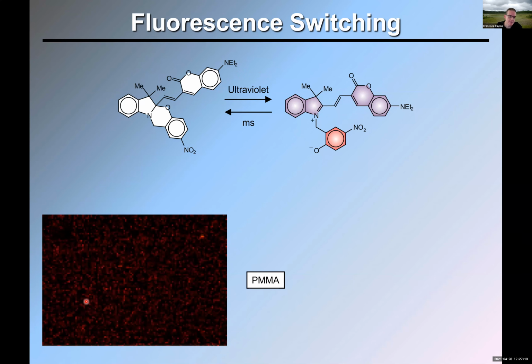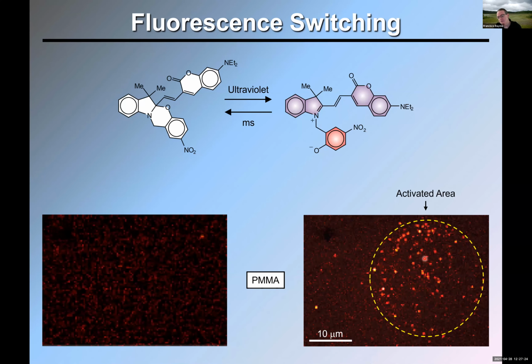So if I take all the images that we had in this movie and put them together, you see that the sample has many molecules, but we are not switching all of them on at the same time. We're switching them on one by one so that they can be separated in time, even when they are very close in space, okay? And this can be used to, again, overcome diffraction and acquire much better resolution.